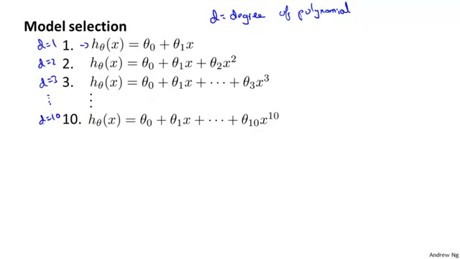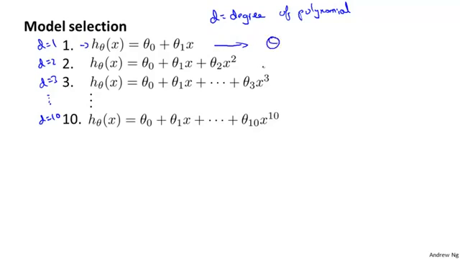And concretely, let's say that you want to choose a model, that is, choose a degree of polynomial, choose one of these 10 models, and fit that model and also get some estimate of how well your fitted hypothesis will generalize to new examples. Here's one thing you could do. You could first take your first model and minimize the training error, and this will give you some parameter vector theta.